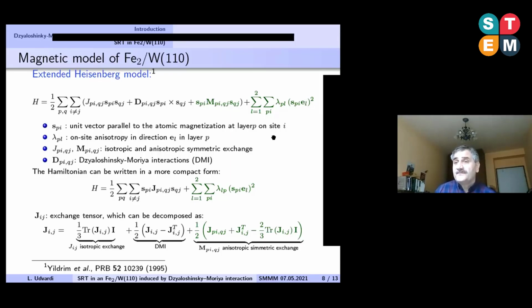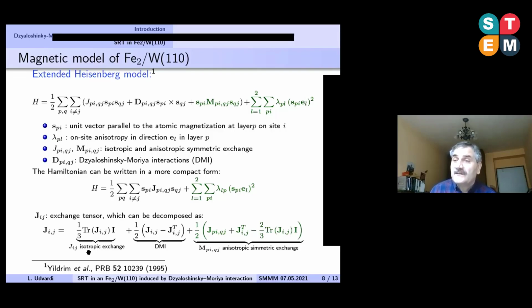The first three terms can be written in a more compact form, when we introduce a tensorial exchange coupling between the classical spins. This is denoted by J here, and of course it is a 3x3 tensor, and we can decompose it.